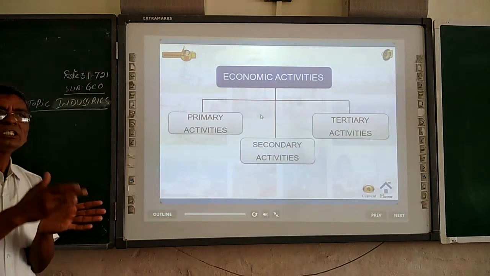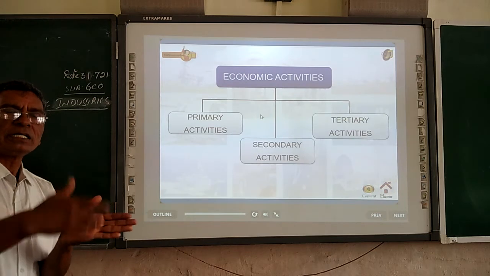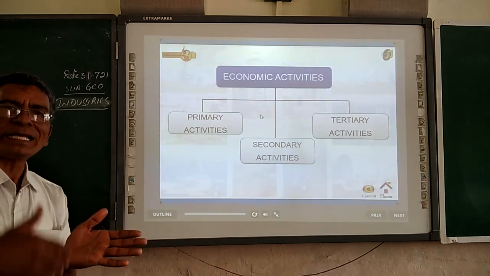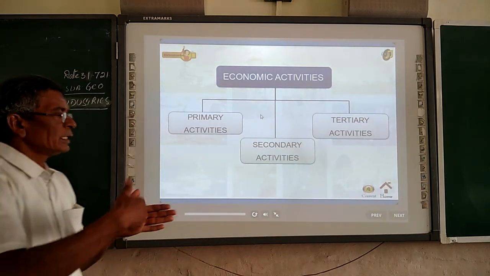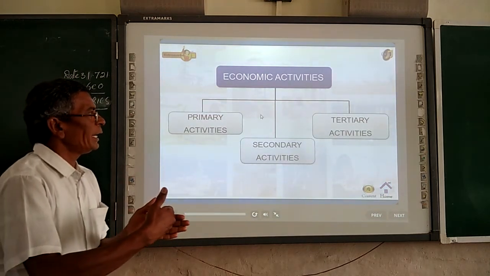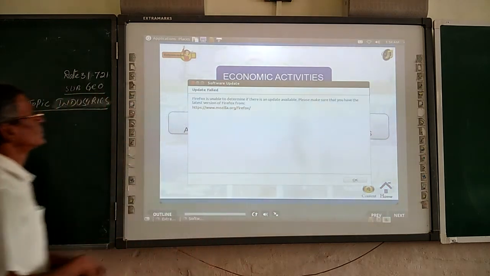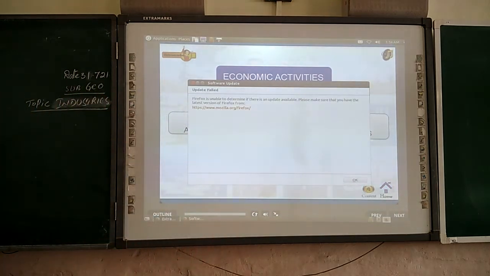What are each of these activities? What are the primary activities? Which all come under primary activities with examples, and what are the secondary activities with examples, followed by the third one, tertiary activities.